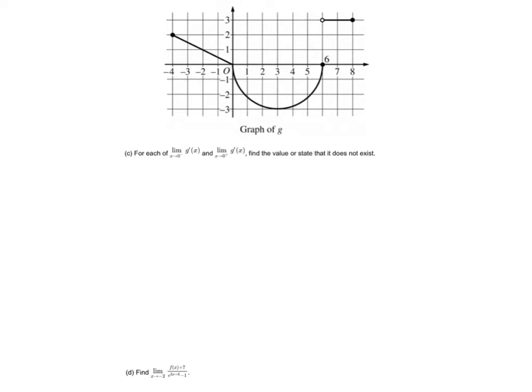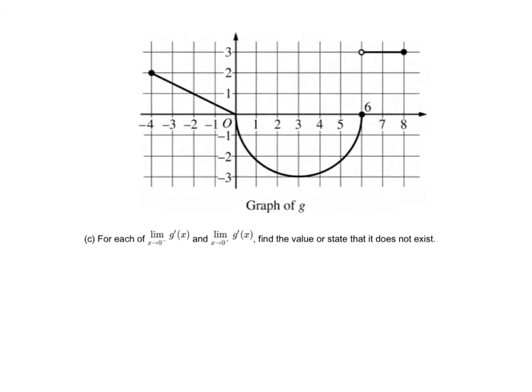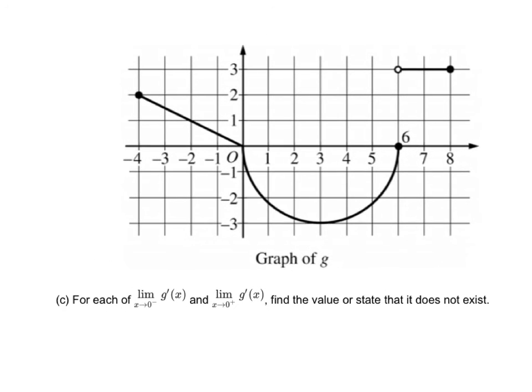Okay, so let's find g prime of x. Actually, no, we don't need to. We can just look at the graph. So g prime is our slopes, right? From the left, first of all, this is a constant slope.